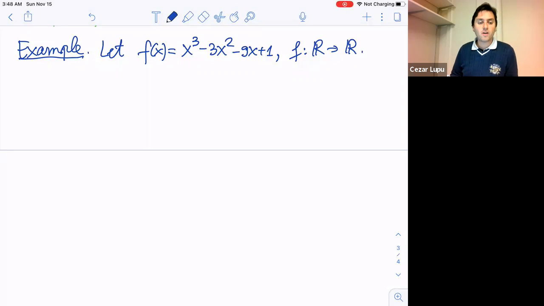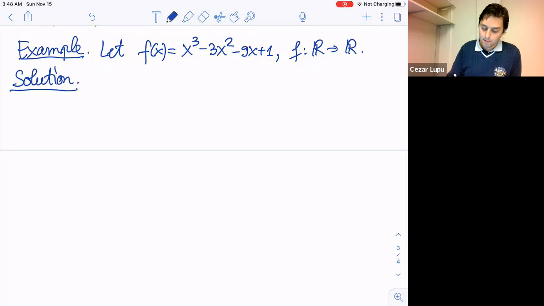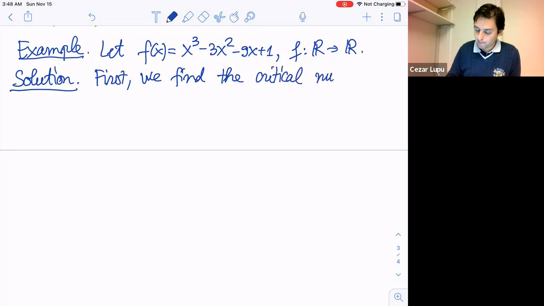First we need to find the critical numbers, so we compute the derivative. How are we going to do that?